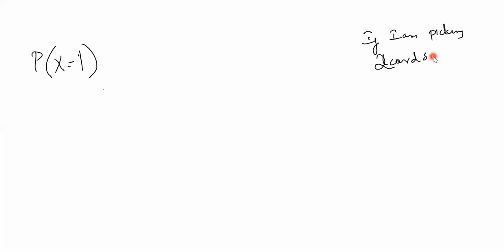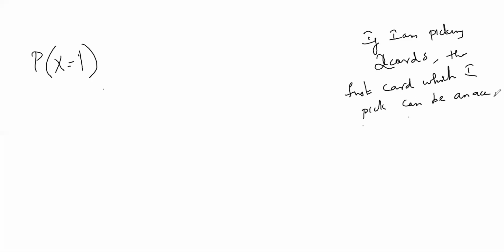If I'm picking two cards, the first card which I pick can be any. Correct? Second card, non-ace, which means it can be a king, queen, or any other number, 10, 9, 8, 7, 6, 5, 4, 3, 2, any card except ace.